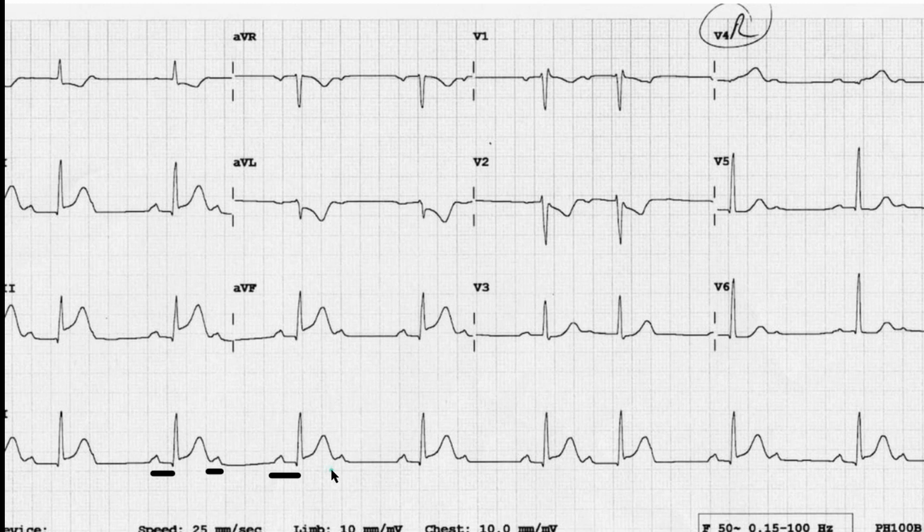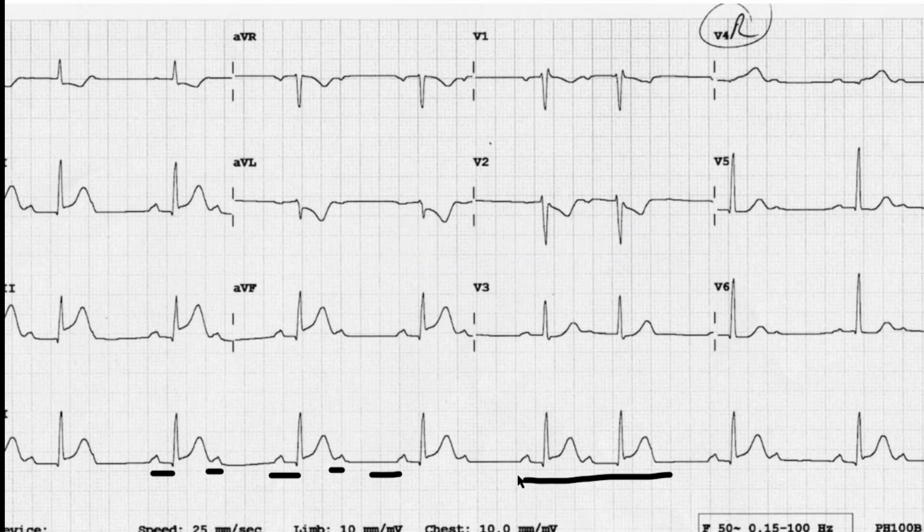Similarly, the next beat is not being conducted. So you can see that one sinus beat is being conducted while the other beat is being blocked, which means that this is 2 into 1 AV block.